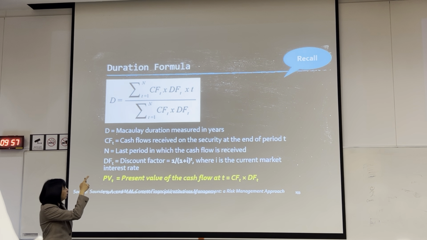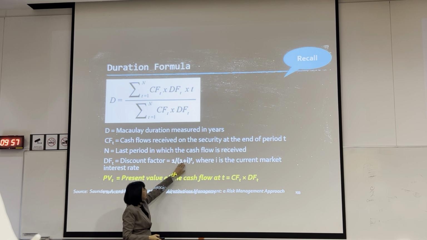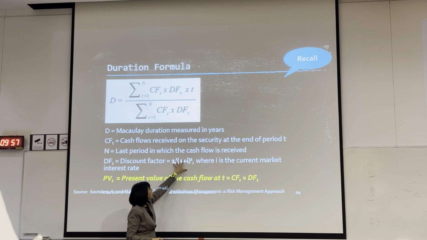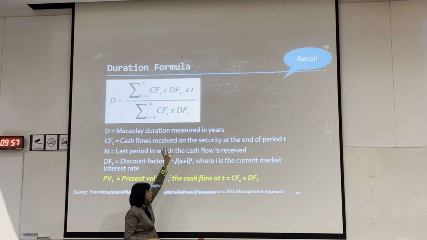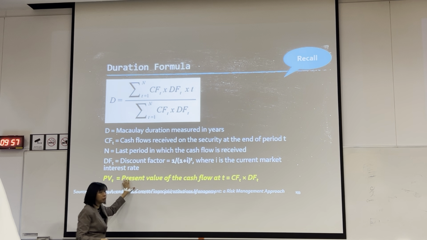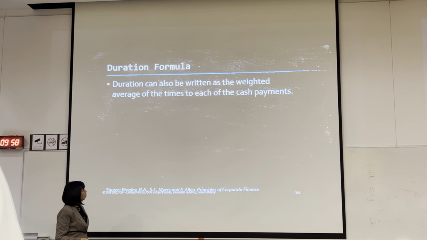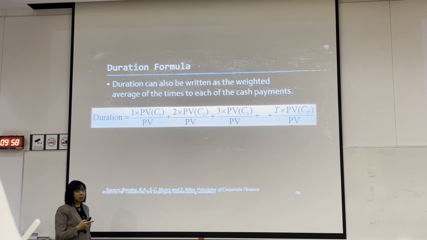This shows you more clearly that each cash flow is discounted by 1 divided by 1 plus i to the power of t. This is the discount factor for each of those. But you already know that because you already know how to compute the present value.